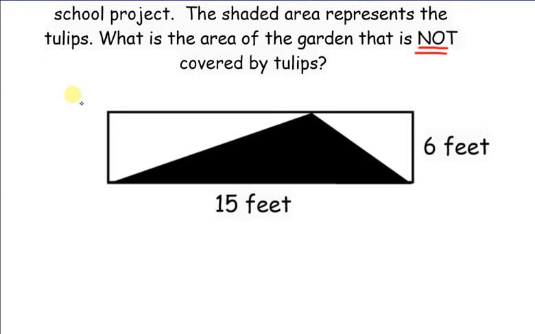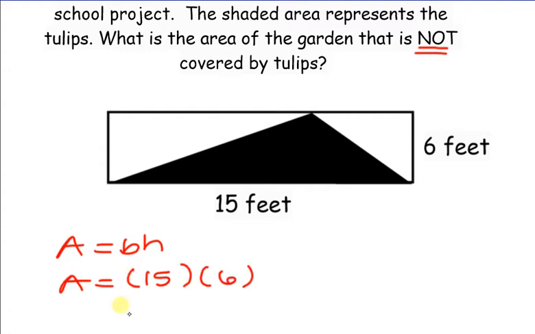So remember what I told you, we're going to start big and then we'll subtract. First, let's find the area of this big rectangle. Area equals base times height. The base is 15, the height is 6. So area equals 15 times 6, which is 90. Now we have this triangle here that we need to get rid of.